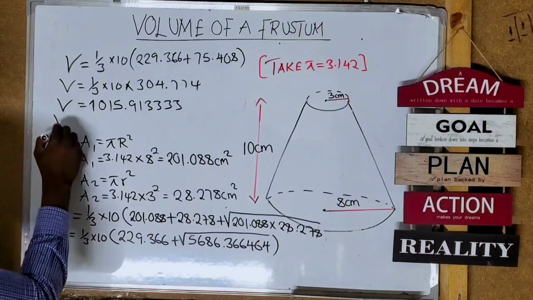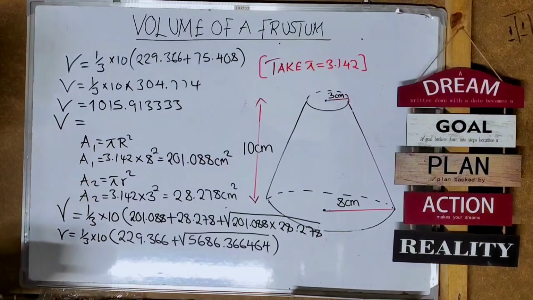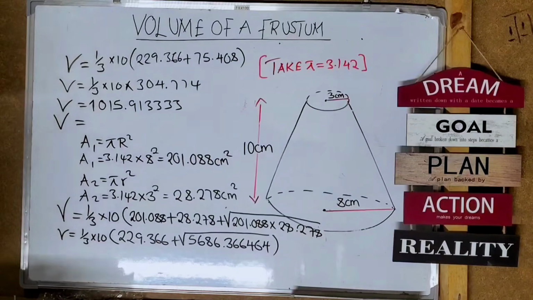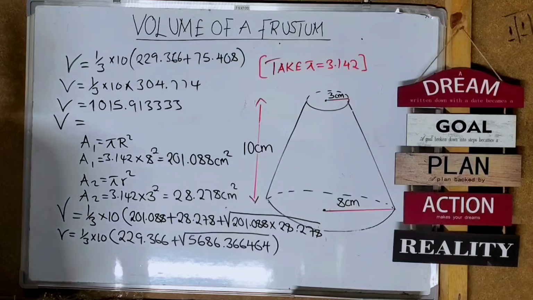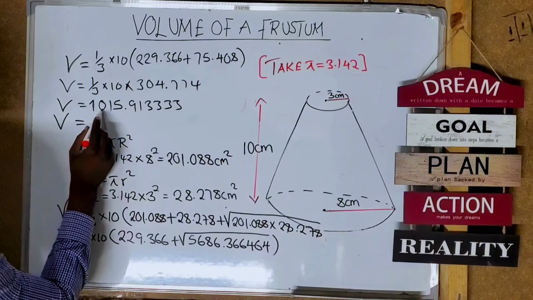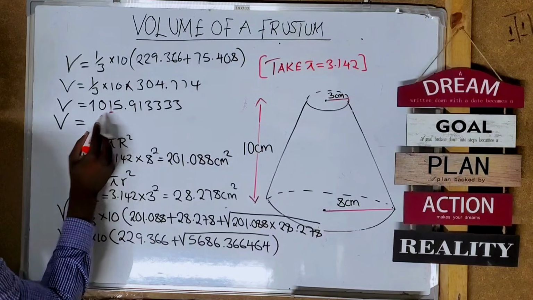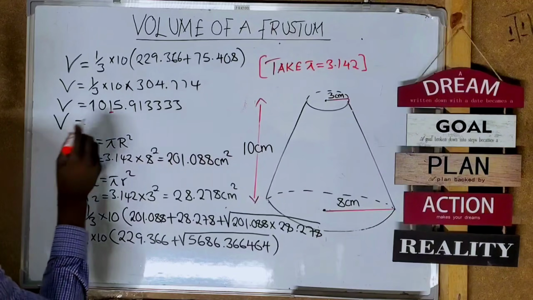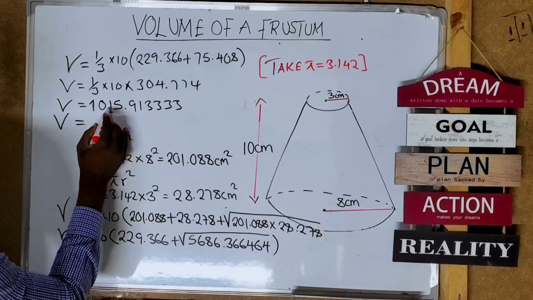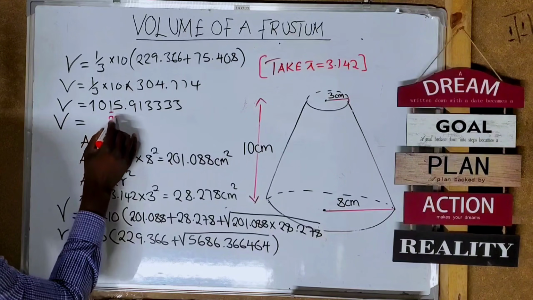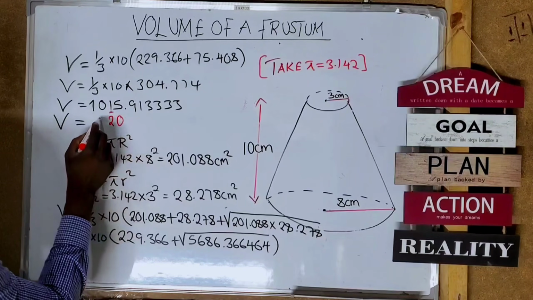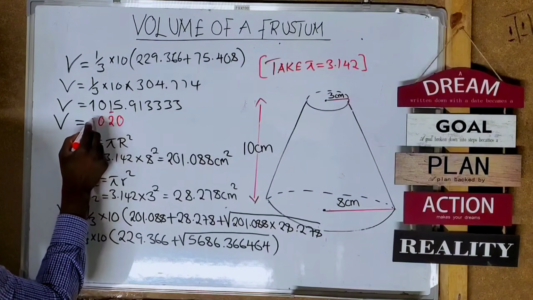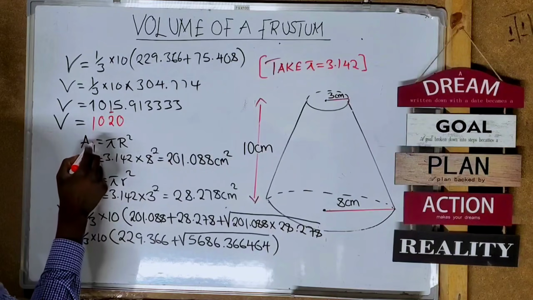Now let's round our answer off to 3 significant figures. This is the first significant figure, second, third is this one. So we add 1 to this, and this one becomes 2, and the 5 drops to a 0. So here we have 0, here we have 1.